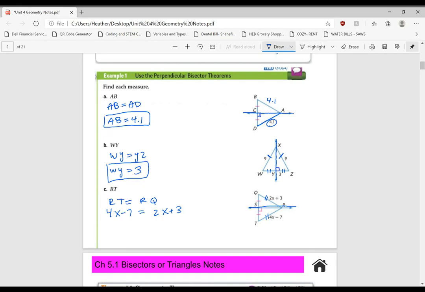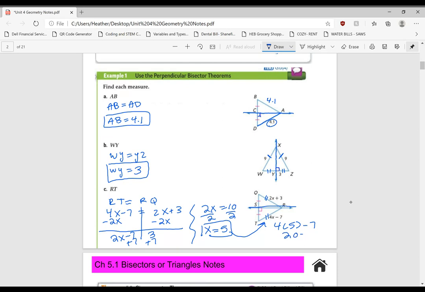I subtract 2x from both sides, and I get 2x minus 7 is equal to 3. Add 7 to both sides, and I get 2x is equal to 10. Divide by 2, x is equal to 5. Now I plug this 5 into RT. So 4 times 5 minus 7 is 20 minus 7, which is 13. So 13 is my answer.